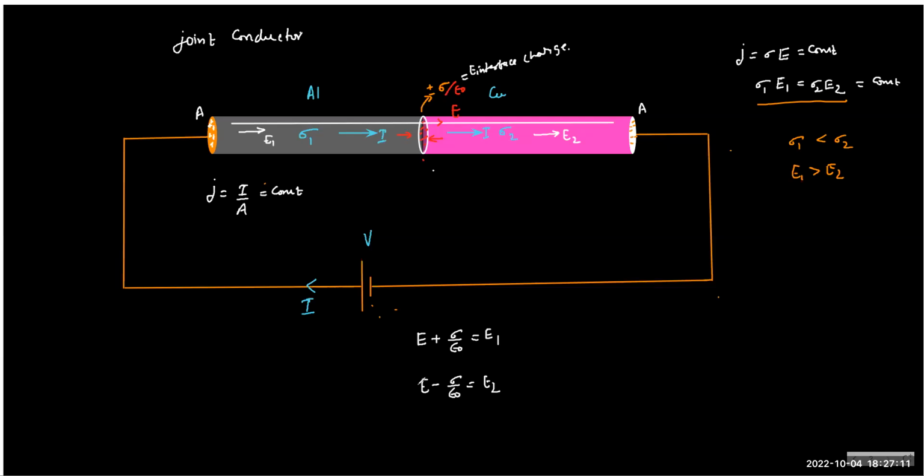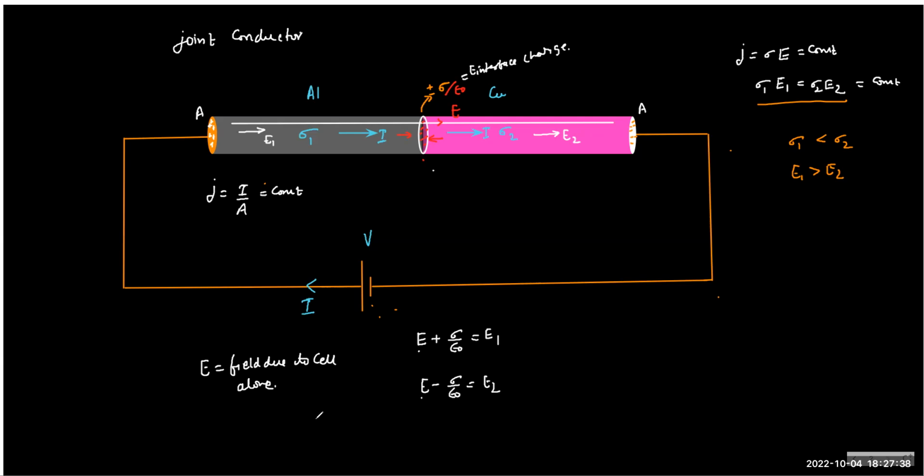So the battery will create only this value E. This E is the field due to the cell alone. Assuming there is no induction in between, if the cell is only responsible for creating the field, it would have created a uniform field throughout.